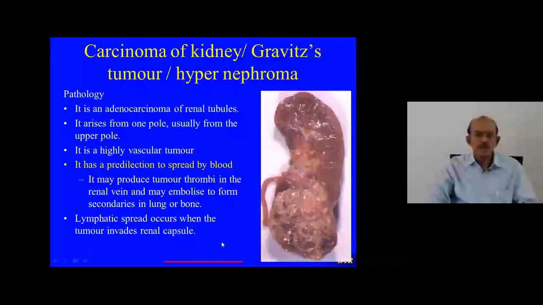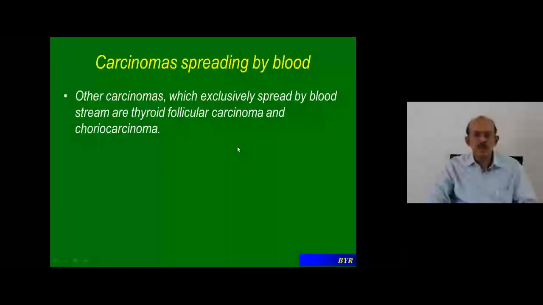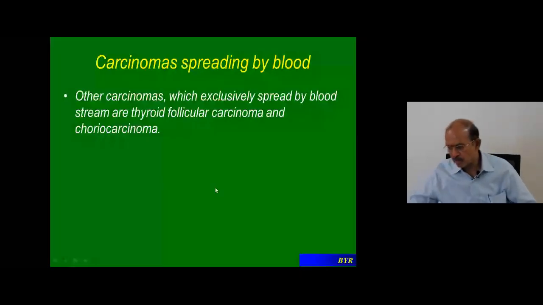Carcinoma spreading by blood. Other carcinomas which exclusively spread by bloodstream are thyroid follicular carcinoma and choriocarcinoma. So please remember this, because sometimes it is asked in the PG entrance examination.